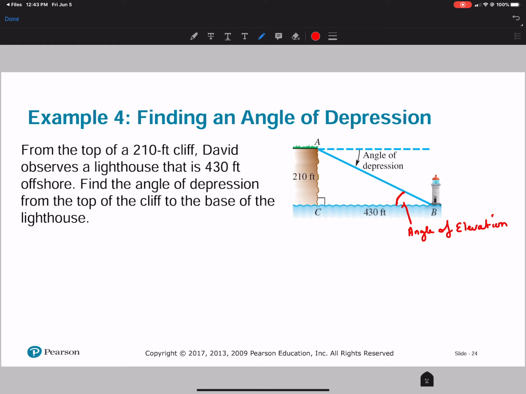Therefore, I have the tangent, sorry, not sine, the tangent of B is equal to 210 over 430. So B is equal to the tan inverse of 210 over 430, which is about 26 degrees.